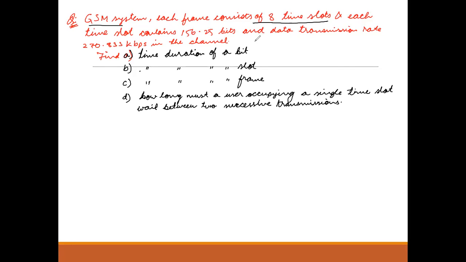As the data transmission rate is given in kilobits per second, from here we can find out the very first one, that is the time duration of a bit, because the transmission rate is 270 kbps.